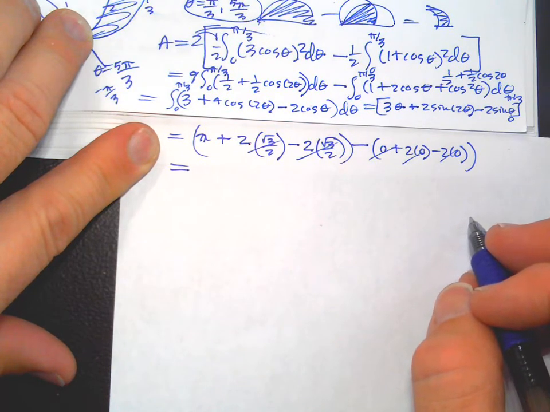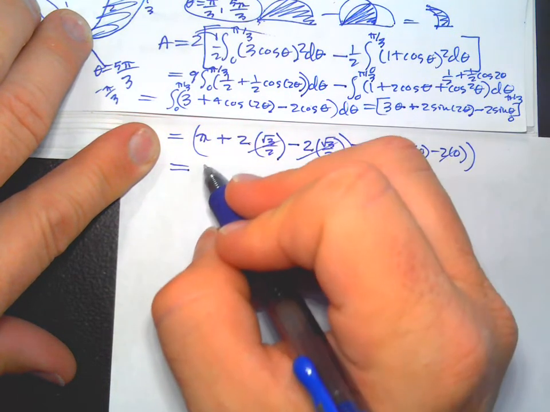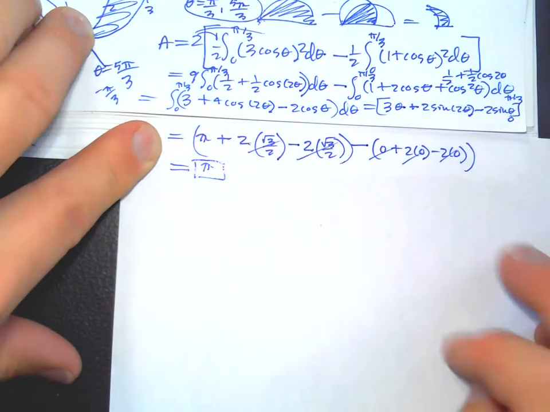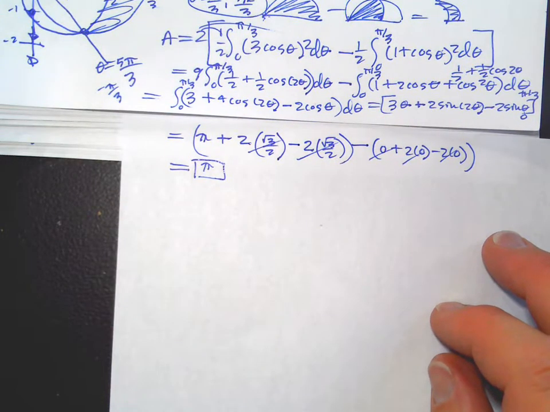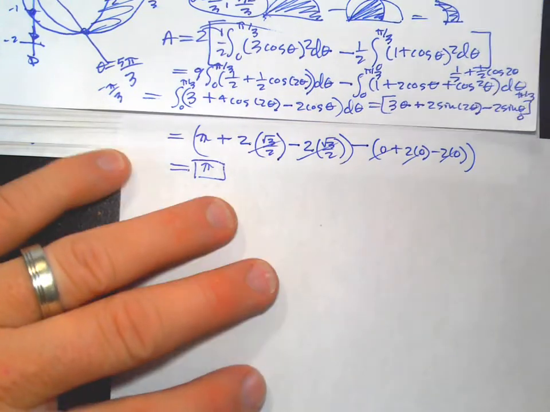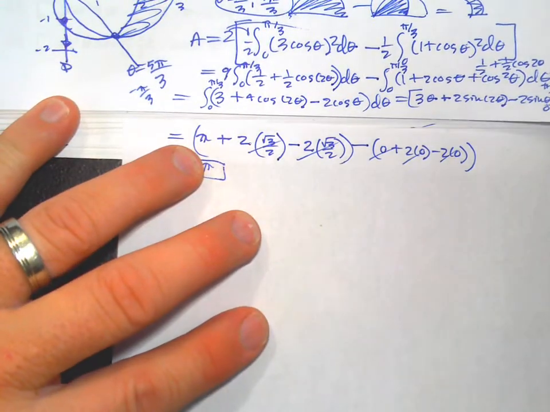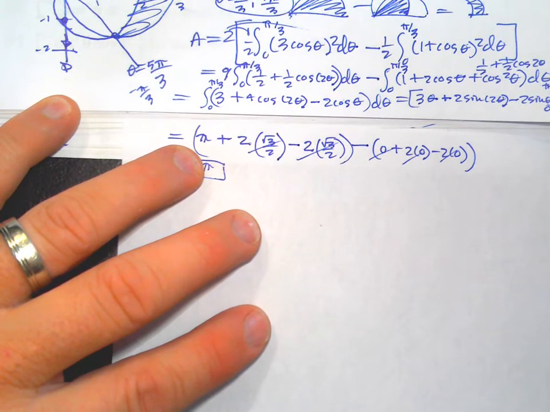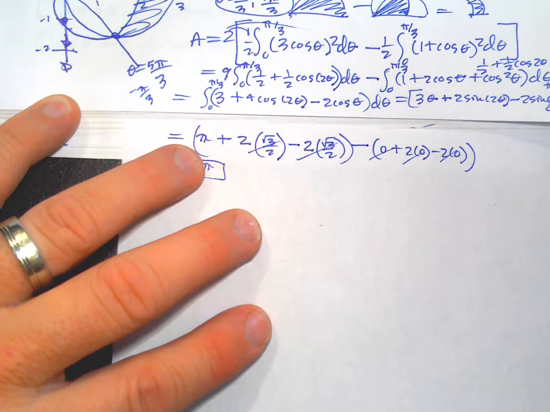But let's see, inside the circle, outside the cardioid. I'm getting pi. I don't know if that's the right answer or not. Did I make a mistake? Let me check my work again real quick. 0 to pi over 3 makes sense, and you're going to double it. Outside the cardioid, inside the circle.